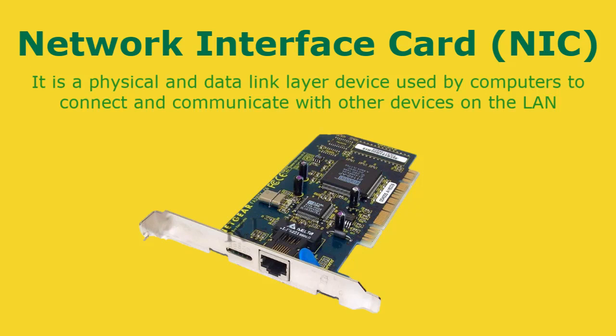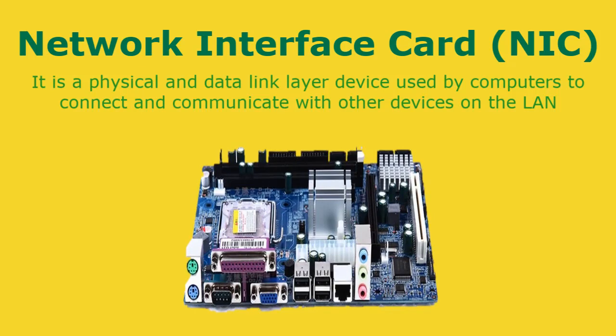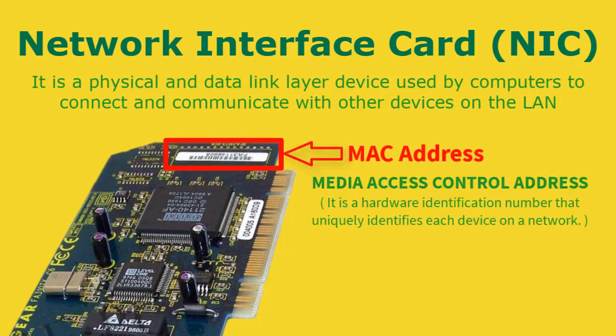The earliest Ethernet cards were external to the system and needed to be installed manually. In modern computer systems, it is an internal hardware component. The NIC manufacturer assigns a unique physical address to each NIC card. This physical address is called MAC address or Media Access Control Address.